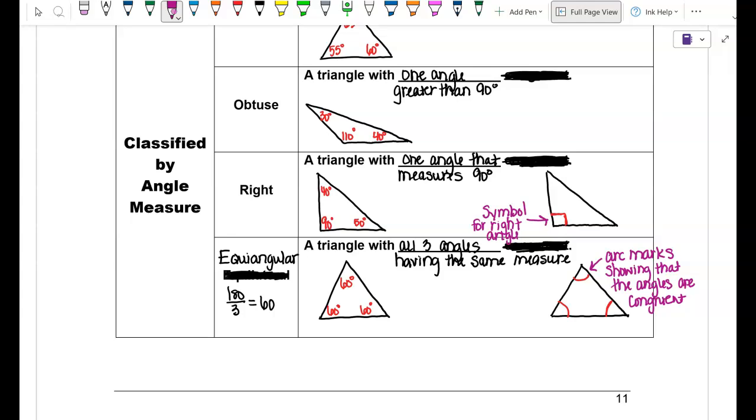Now, I'm going to add a little asterisk here at the bottom, and we're going to add a little bit of information, because an equiangular triangle and an equilateral triangle are always going to be one and the same. So a triangle that is equiangular is always equilateral.